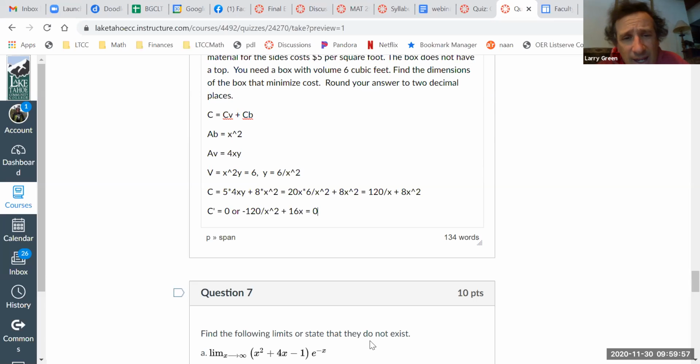Okay, and then the rest is basic algebra. I can multiply left and right by x squared, and you get negative 120 plus 16x cubed is equal to 0.